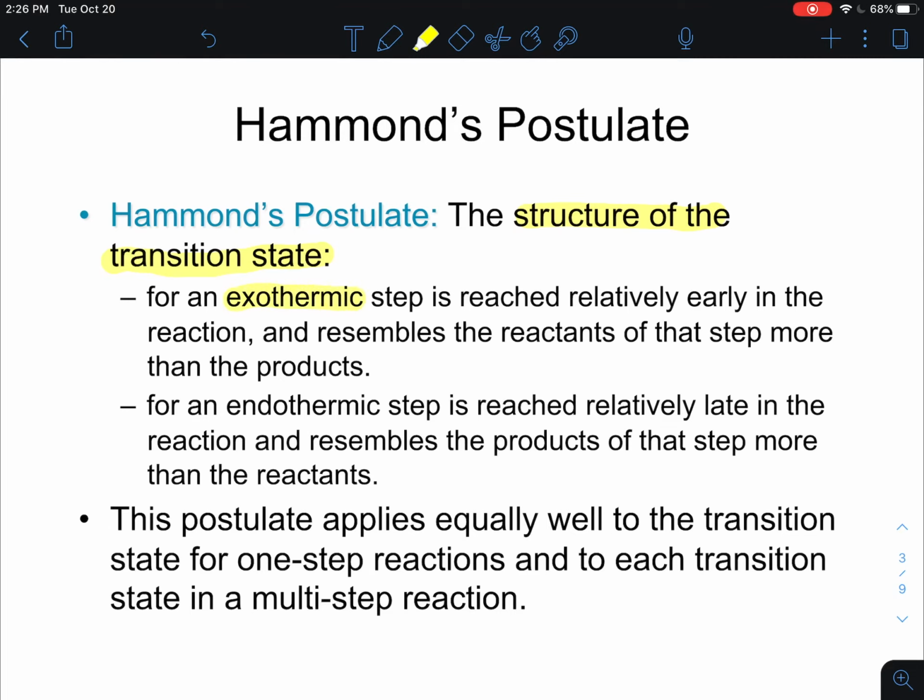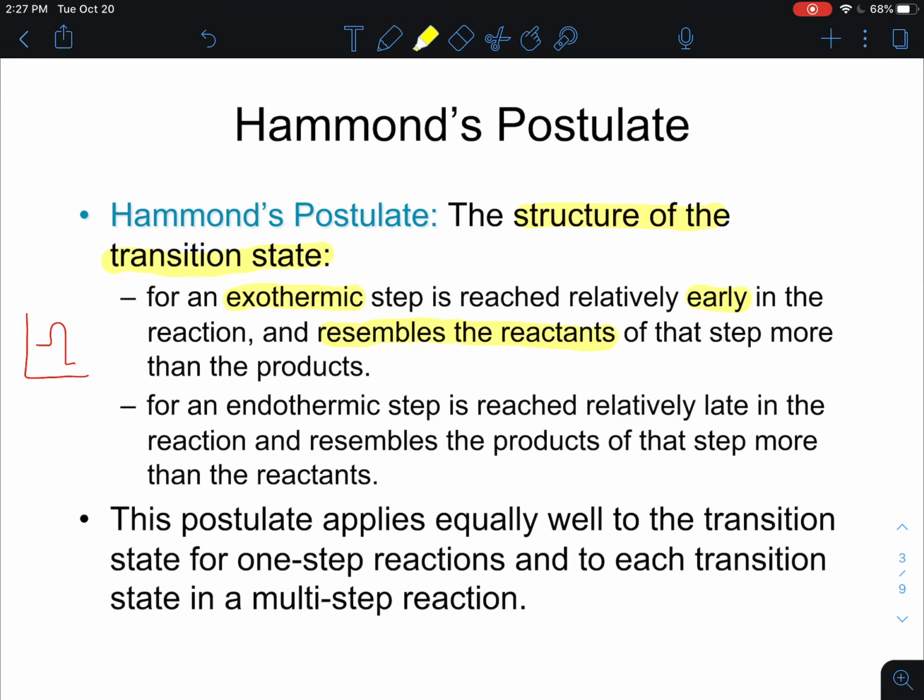So first it talks about an exothermic reaction. And so, right, if it were exothermic, we just say that product is lower in energy than reactant. And it says for an exothermic step, okay, the structure of the transition state for an exothermic step is reached relatively early in the reaction and resembles the reactant more than the products.